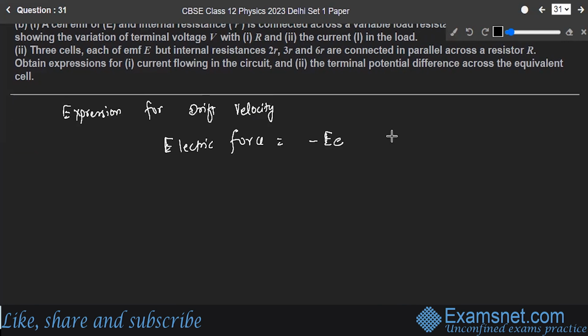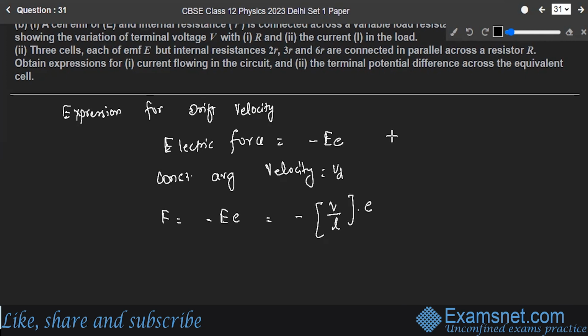Due to this, electrons accelerate and keep colliding and acquire a constant average velocity, let's say vd. So you have F is equal to minus eE, where E is given by V upon L. So E is equal to V upon L.